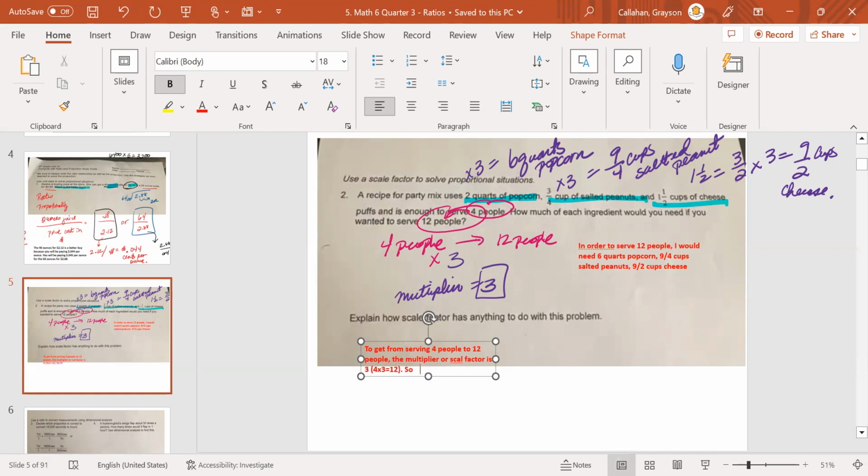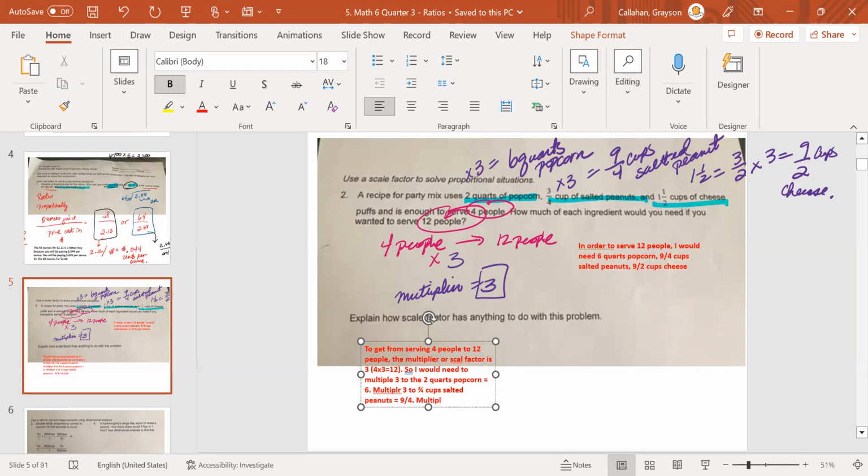So I would need to multiply 3 to the 2 quarts of popcorn, which then gets 6, right? Multiply 3 to the 3/4 cups of salted peanuts, which then resulted in 9/4 cups, right?